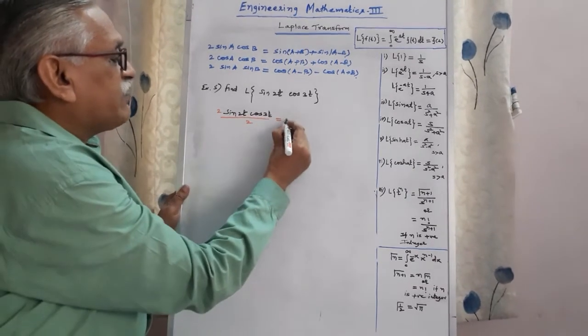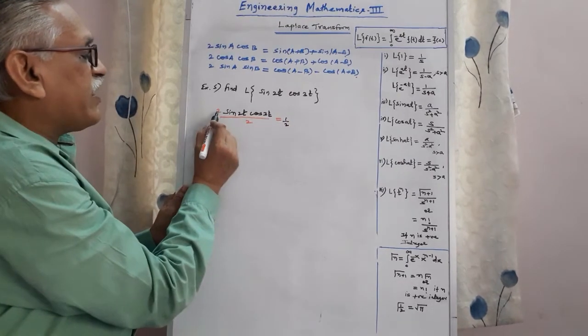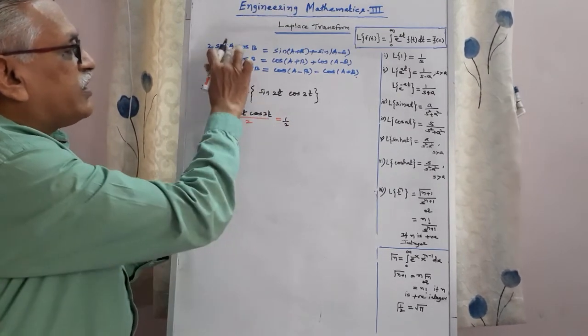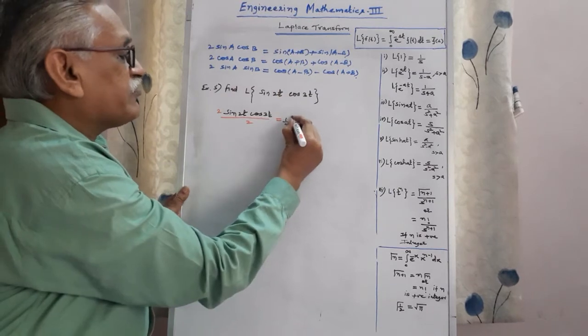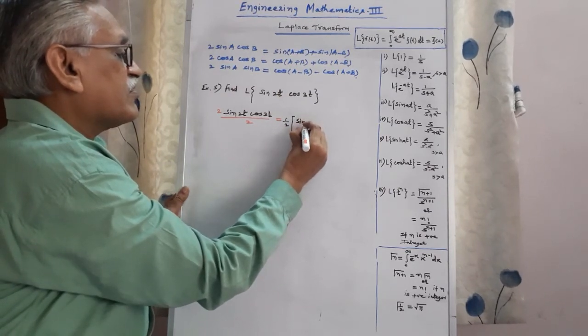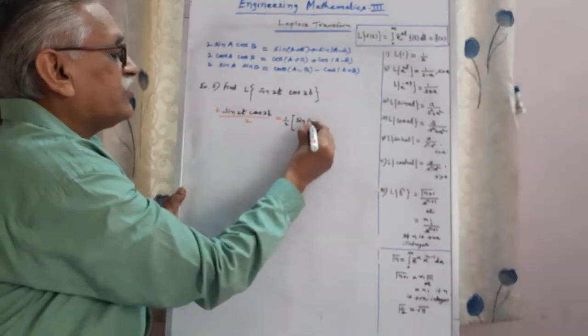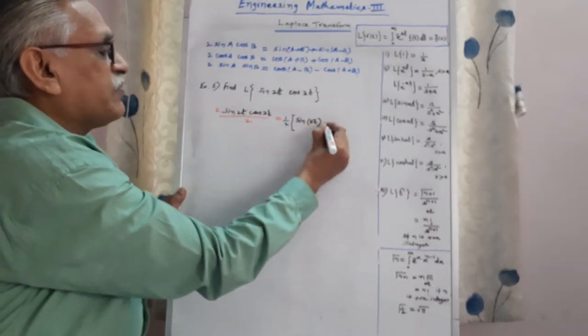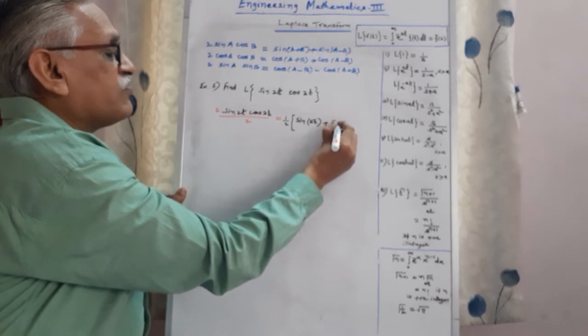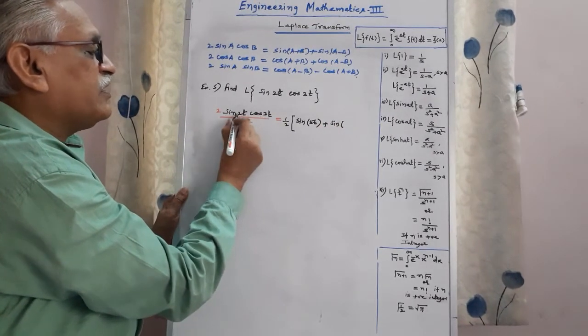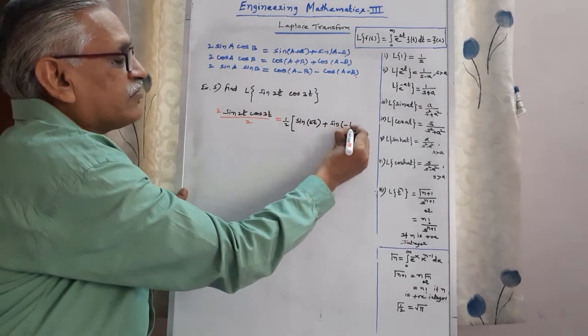Therefore, it is 1 by 2, and then applying 2 sin A cos B, which is sin of A plus B. Here A is 2t, B is 3t. Addition of these two gives 5t, plus sin of A minus B, 2t minus 3t, we get minus t.